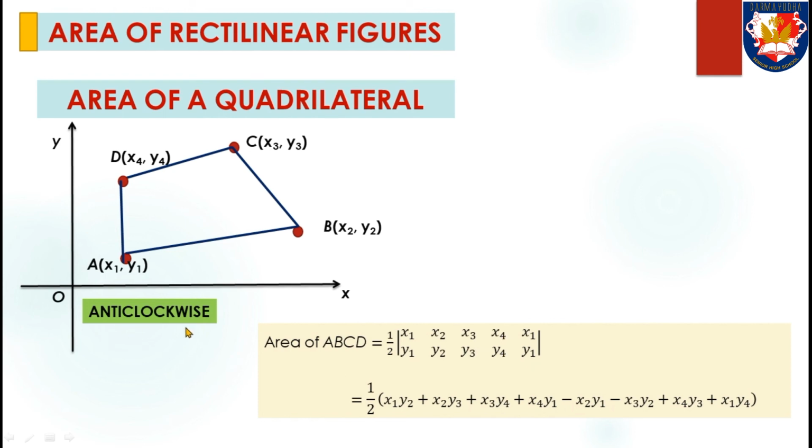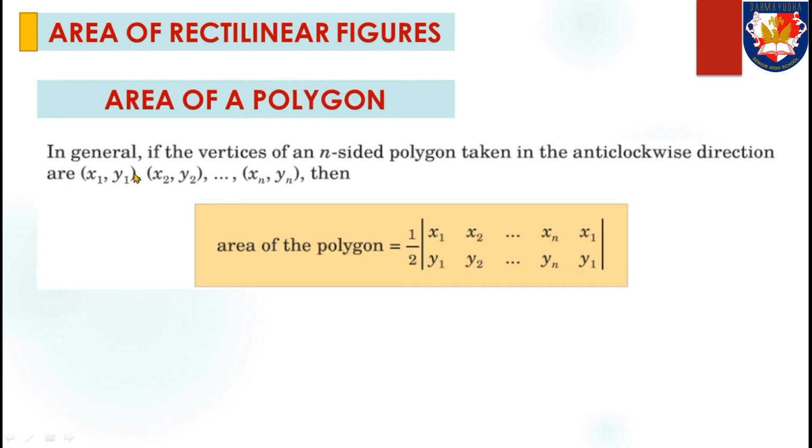Remember, in anticlockwise direction. In general, if the vertices of an n-sided polygon taken in the anticlockwise direction are (x1, y1), (x2, y2) until (xn, yn), then the area of the polygon is defined as follows: 1/2 times x1, y1, x2, y2 until xn, yn and return back to x1, y1.